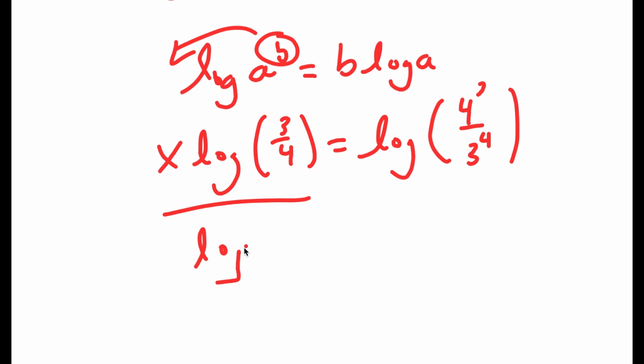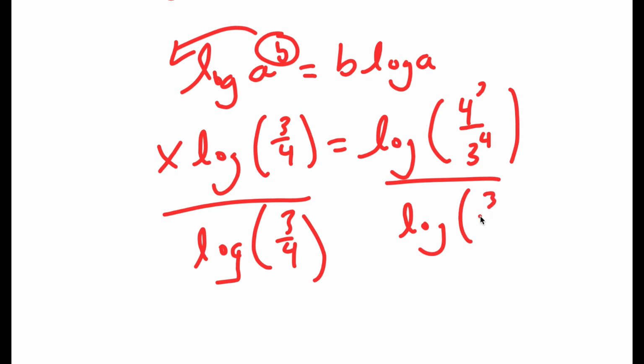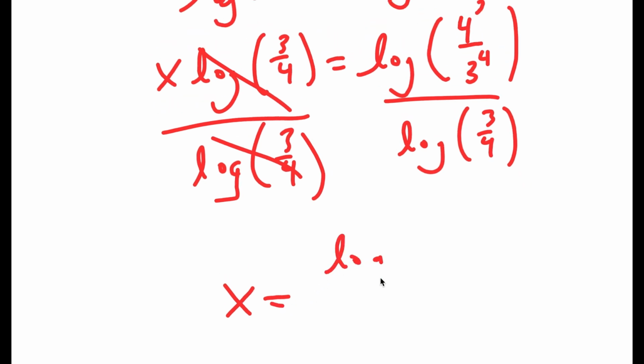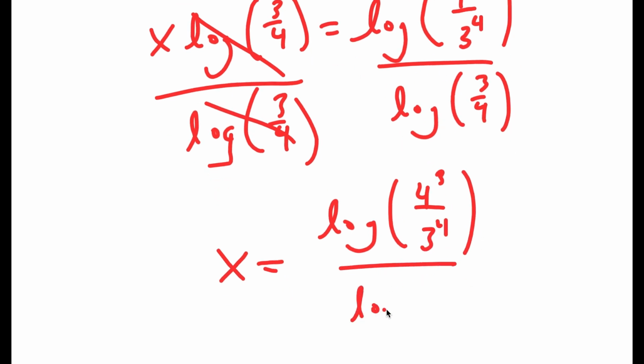Now I'm going to divide both sides by log of 3 over 4. So these two cancel out, and I get x is equal to log of 4 to the power of 3 over 3 to the power of 4, over log of 3 over 4.